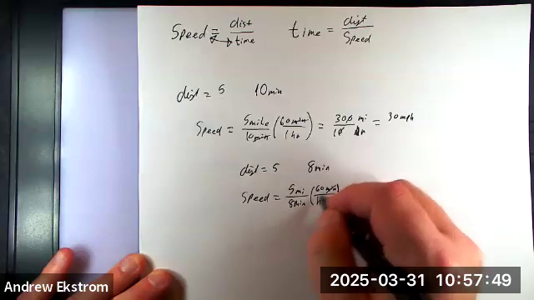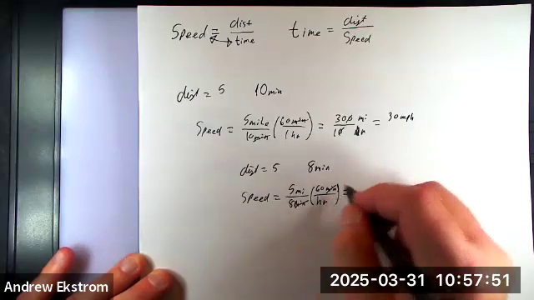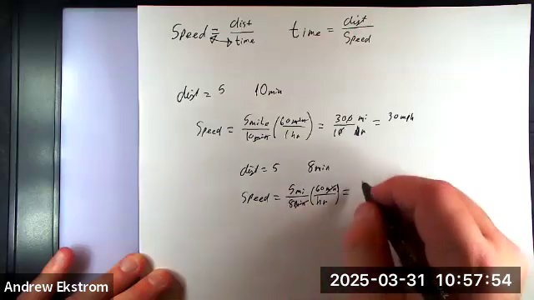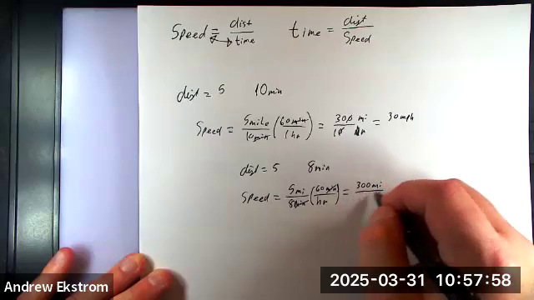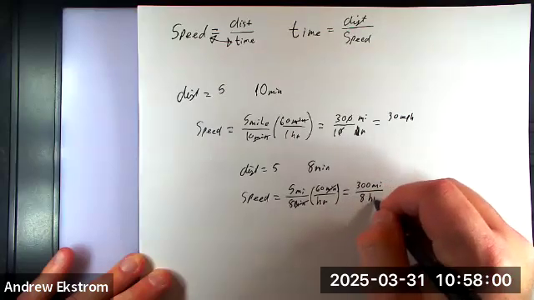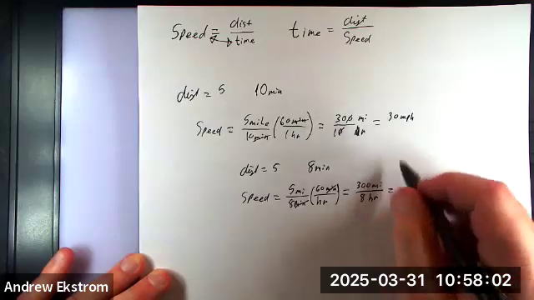per hour. The units of minutes will cancel out. 5 times 60, 300 miles in 8 hours.